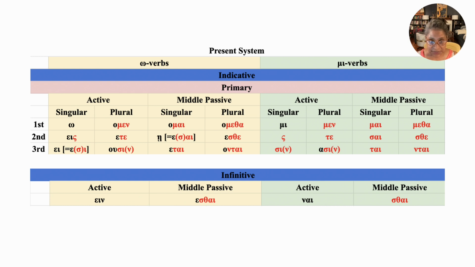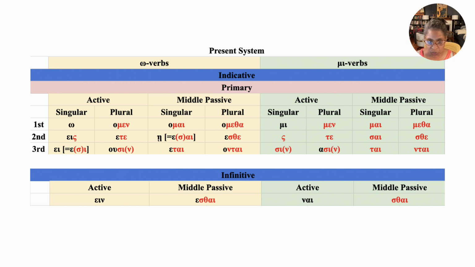Third person is where things are interesting, because in an older form of the third person, it was -esi in the omega verbs. And if we notice over here, it's epsilon, sigma, iota, and movable nu. Similarly here, -esi is the same thing. So what happens then is the sigma falls out in -esi, leaving you with epsilon iota.